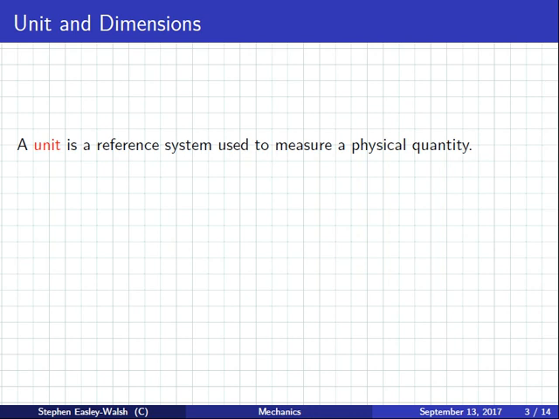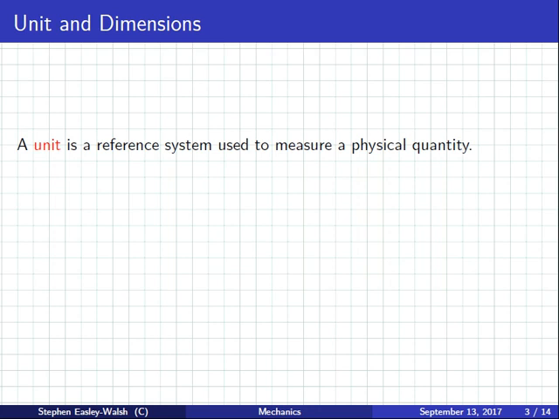So, you don't need to write everything down, just the key points. And you'll learn what the key points are the more lessons we have. You can if you want, but this slide I'm just trying to explain the basic idea. So a unit is a reference system used to measure a physical quantity.